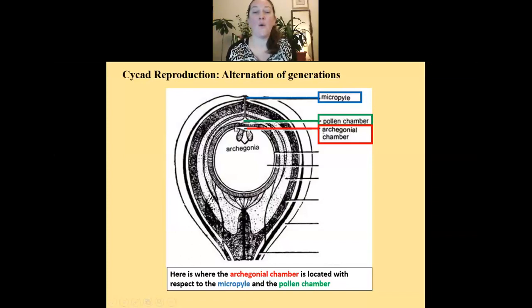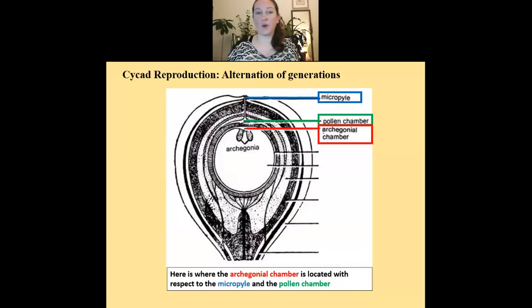And once the pollen tube cell grows through that wall, it allows the sperm from the pollen grain to be released into what's called the archegonial chamber, where the archegonia with egg are waiting. So this is just showing you where that archegonial chamber is located with respect to the other places we've talked about so far. Okay, we're almost done.